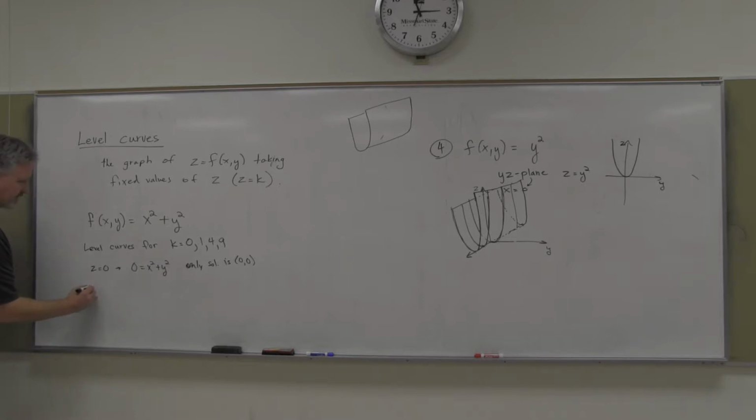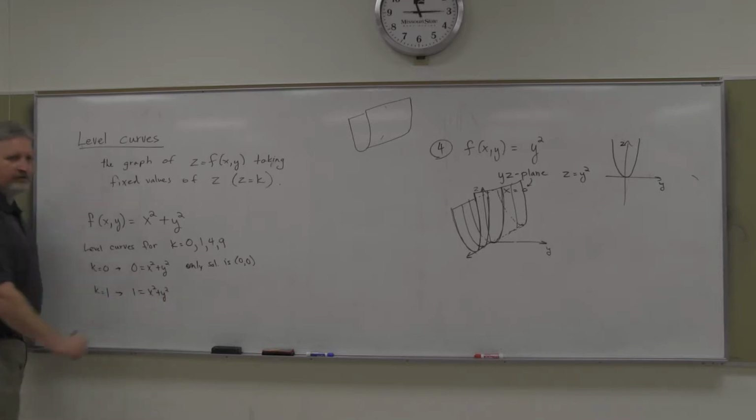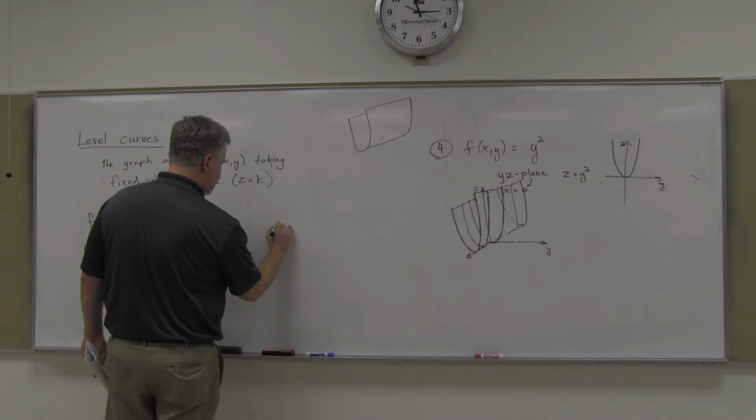That's the only way you get x squared plus y squared equals 0. That was k equals 0, which means z equals 0. So then let's do k equals 1, which means z equals 1, so that's 1 equals x squared plus y squared. Okay, so that's a little more interesting. And so we're just going to graph our level curves here.